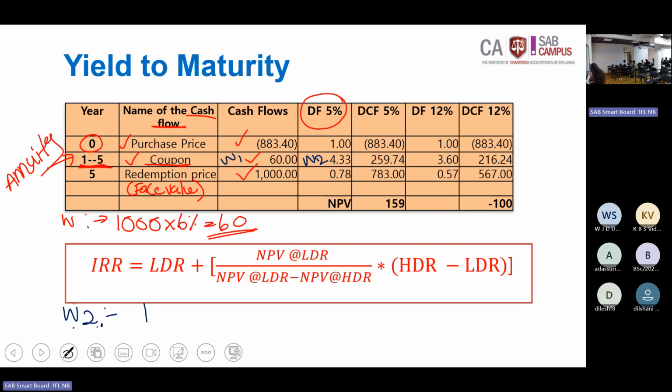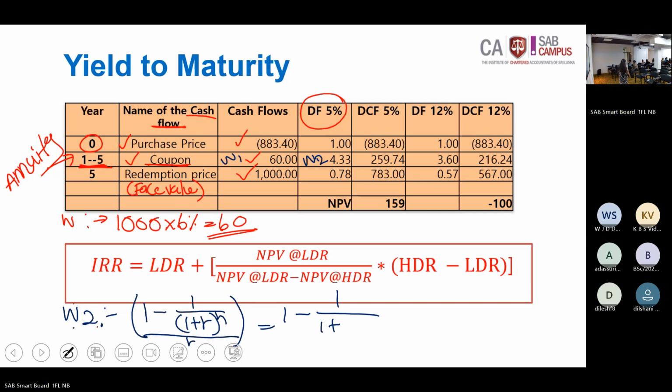It's equal to 1 minus 1 divided by (1 plus R) to the power N, divided by R. What's the R there? Required rate of return. Can anyone tell me the required rate of return regarding this question?